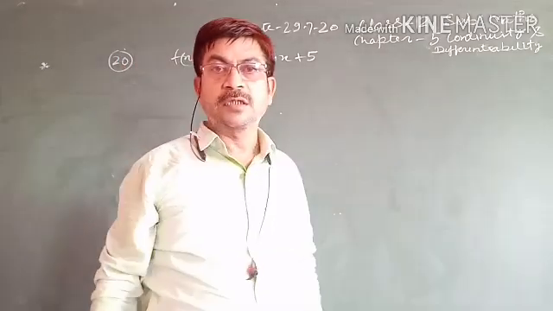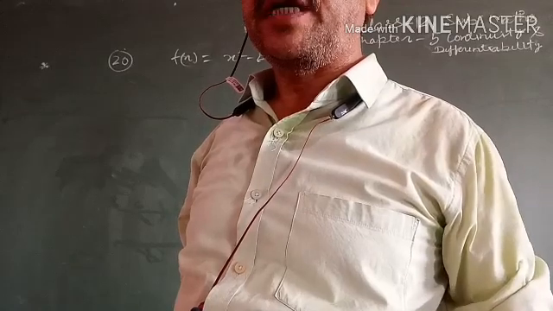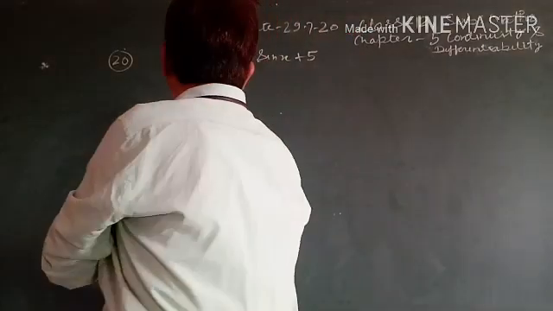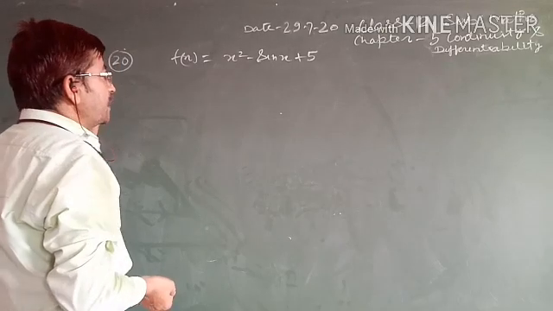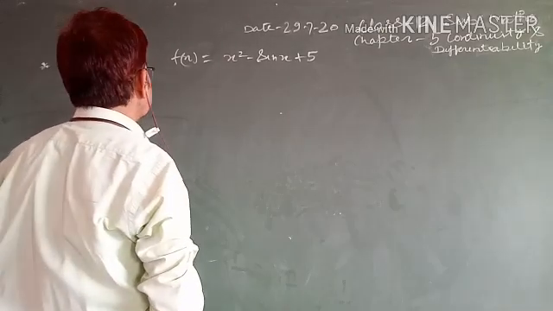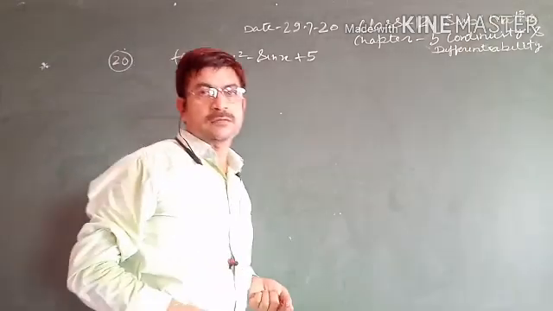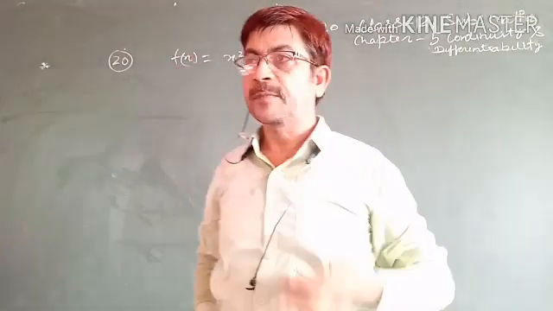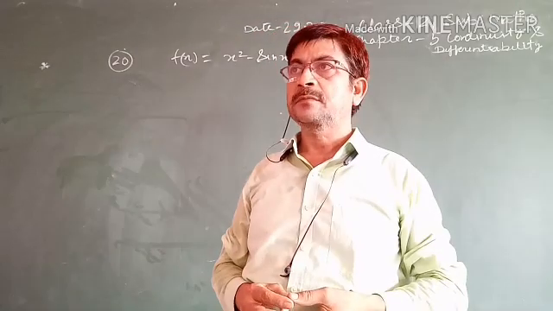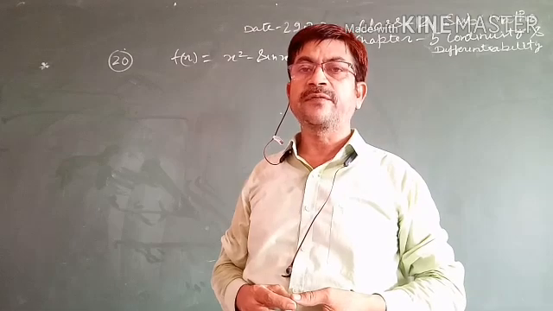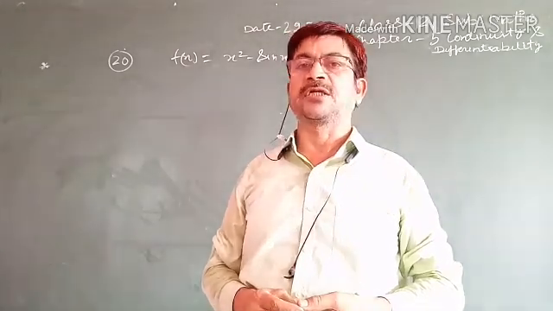What is the question, students? We have to prove the function f(x) equal to x square minus sin x plus 5 is continuous at x equal to pi. For this we have to find its limit value and value of function. Students, as I have explained, a function is continuous if it is left continuous and right continuous.